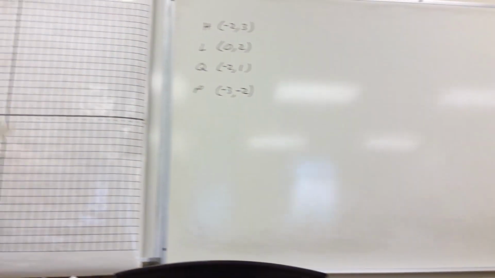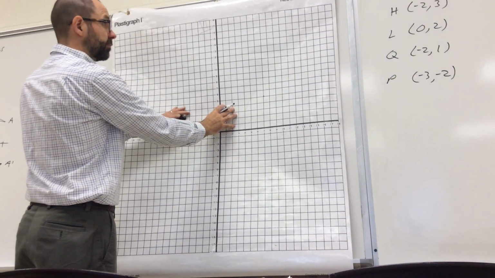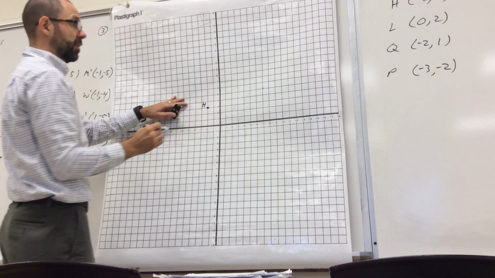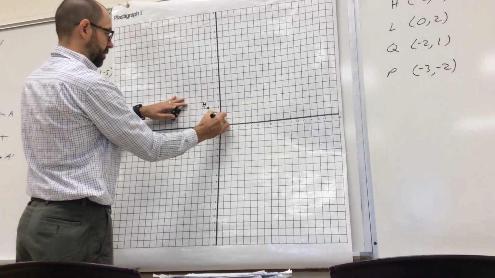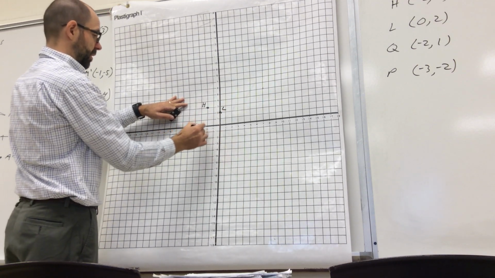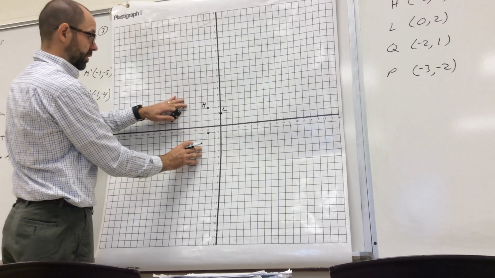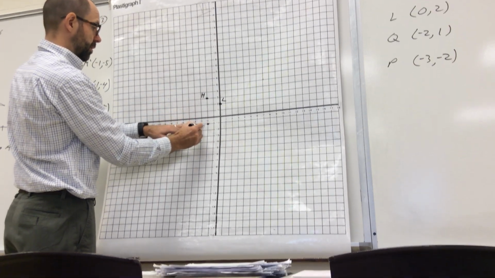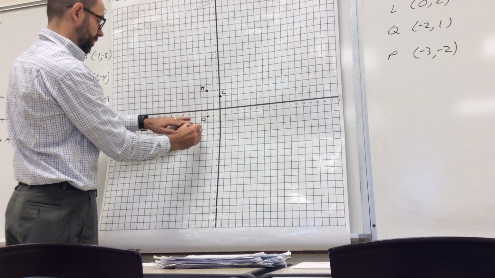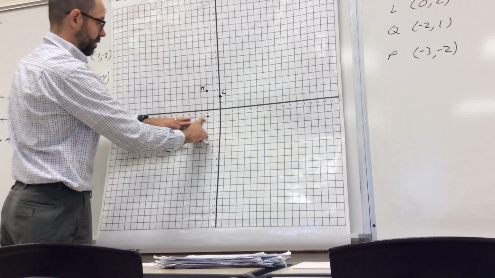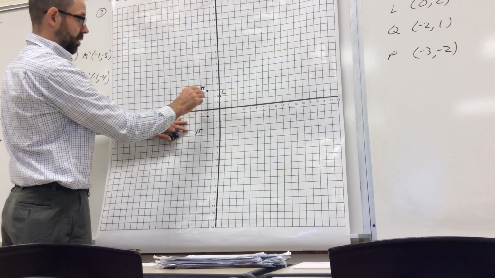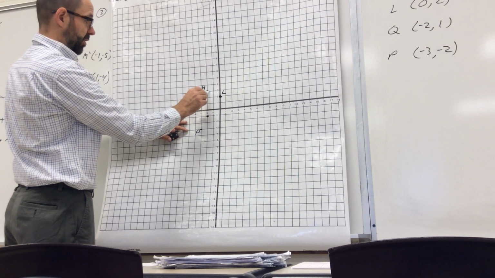So plot those 4. -2, 3. That's H. 0, 2 is L. -2, -1 is Q. And then -3, -2 is P.